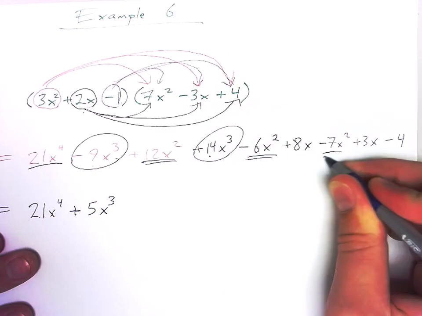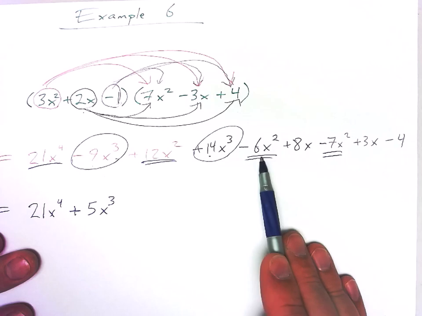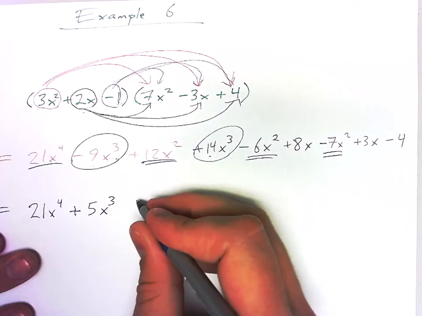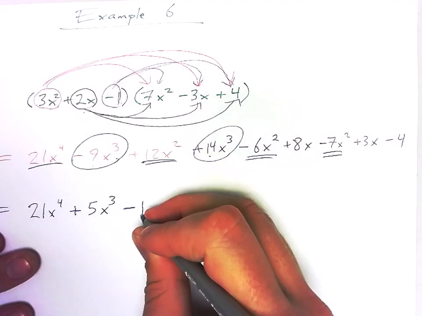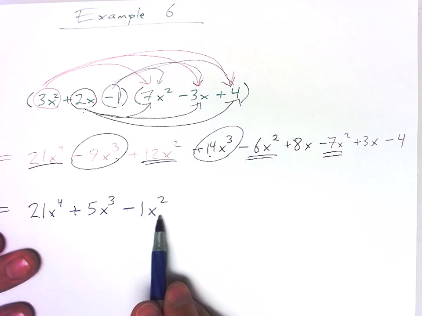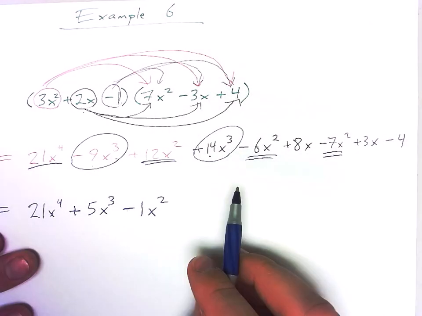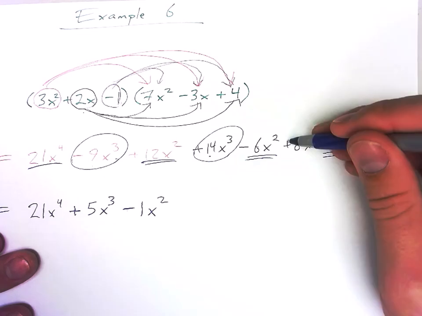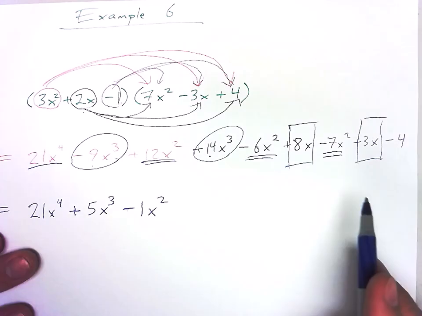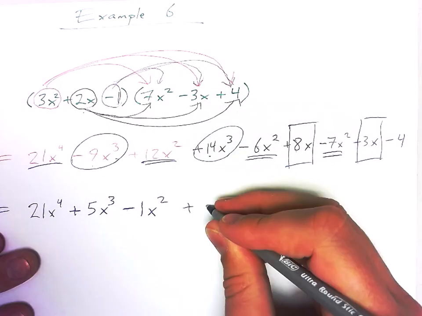Then we got 3 x squared terms. So 12 minus 6 minus 7. So that total makes negative 1x squared. Or you could just put minus x squared if you want. I'll put minus 1x squared. And then we've got 2 x to the first power terms.